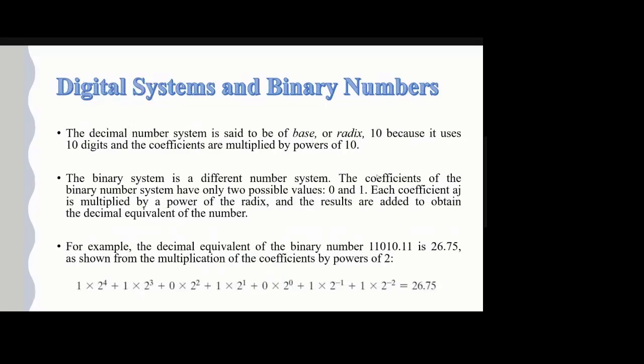And again, for the binary numbers, and also general information about the base and radix: the number 10 is called the base or radix, which is used for the decimal number. And for the binary number, 2 is the radix or base.